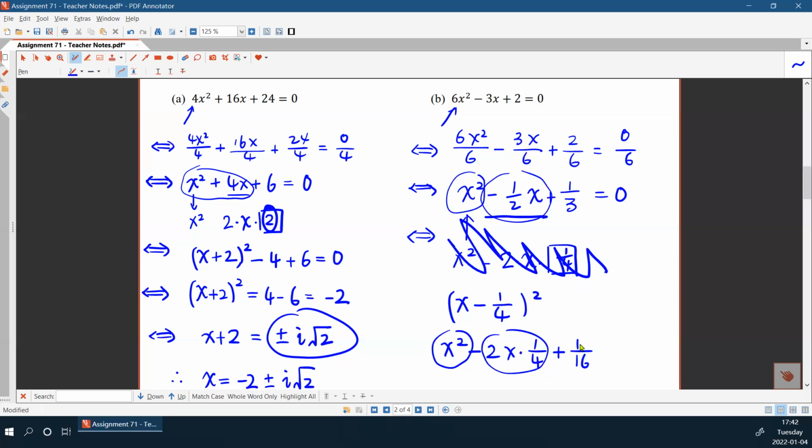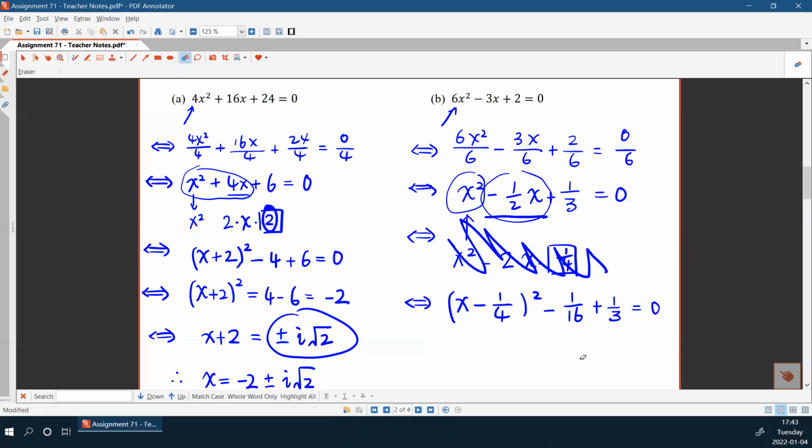Then you add another constant 1 over 16, so basically we need to subtract it. So there's no 1 over 16, right? Then copy the rest of the equation here. Okay, so the new equation here is exactly the same as the equation here, right? These two equations are exactly the same, all right?